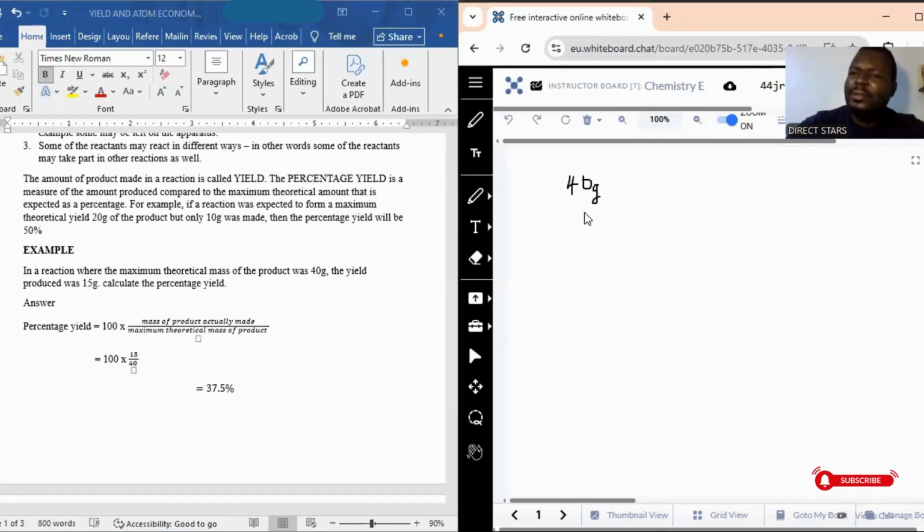But eventually, after the production reaction, 15 grams was obtained. So this is our actual yield, and then this is our theoretical yield.